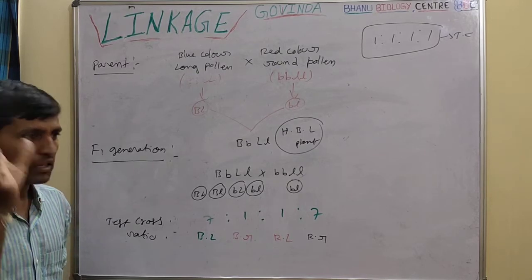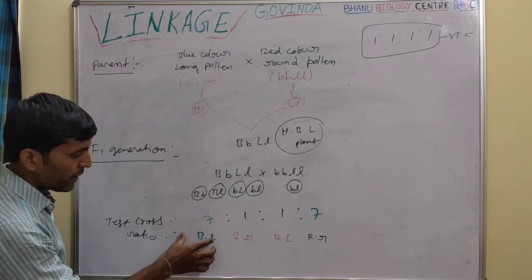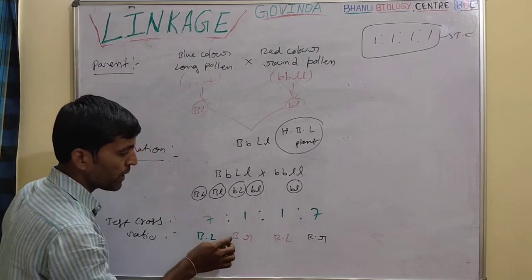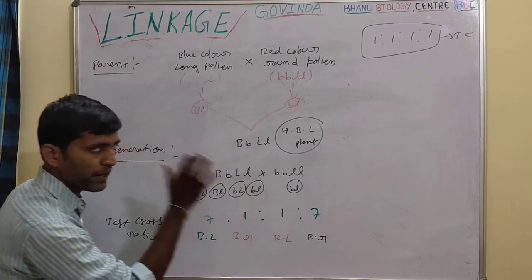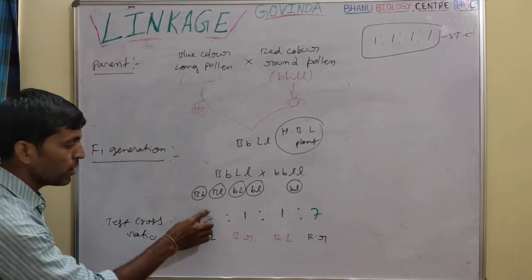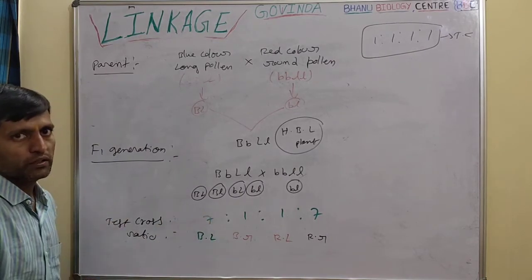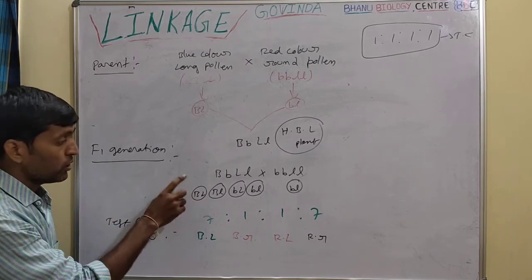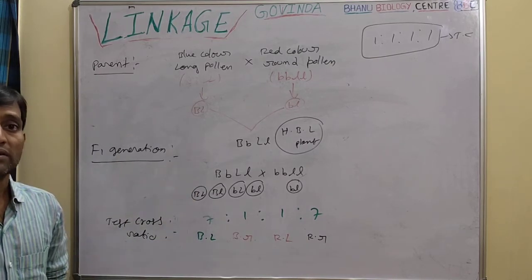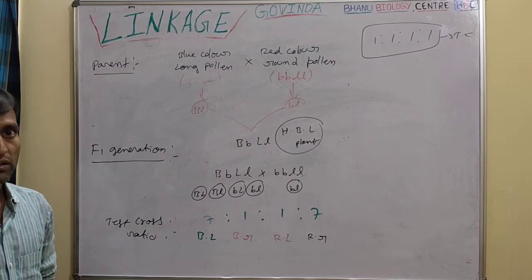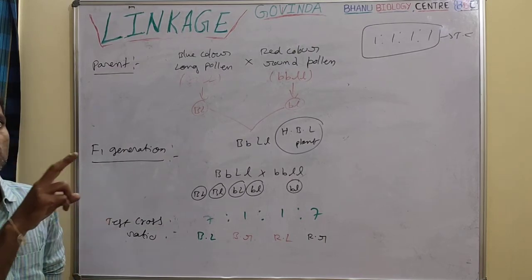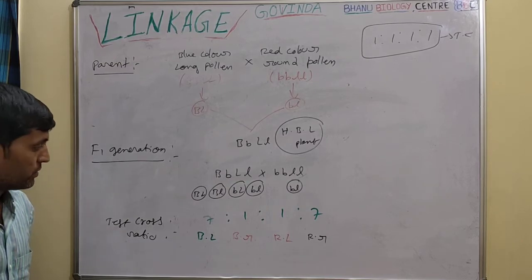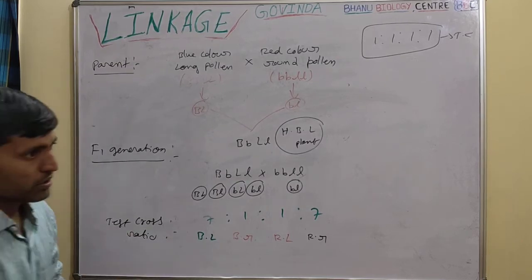That is the reason why the percentage of parental type is more than the recombinant type. More gametes are produced in these crosses containing the dominant alleles together and the recessive alleles together. These two dominant alleles and two recessive alleles together enter the same gamete. So this is the one cross.